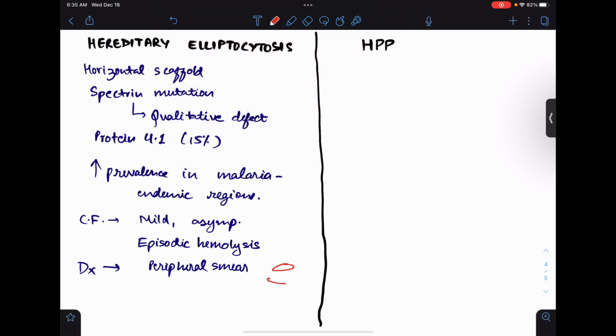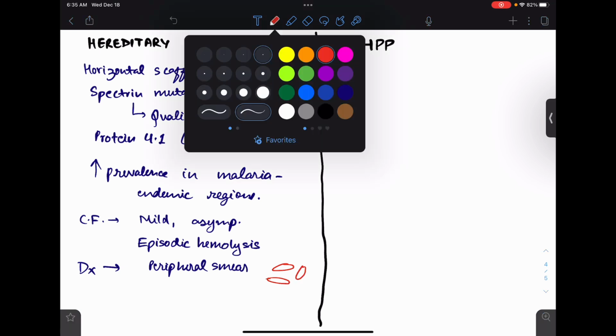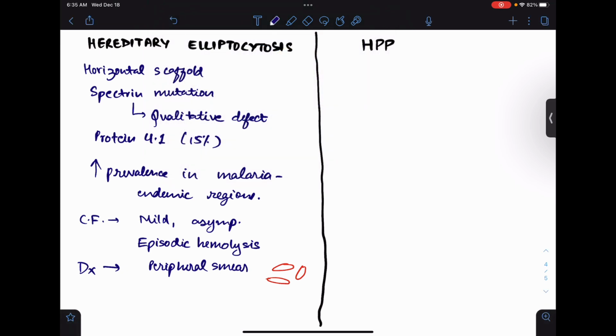Diagnosis is made on peripheral smear, where you'll see mainly elliptical shaped cells. Usually it is incidentally noted.